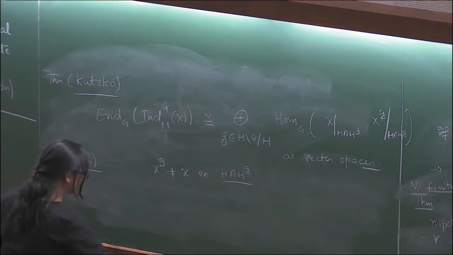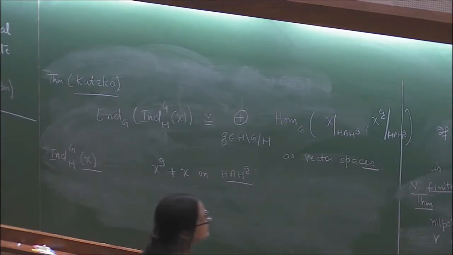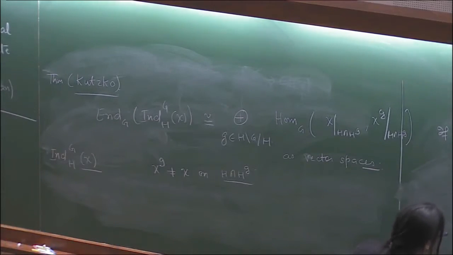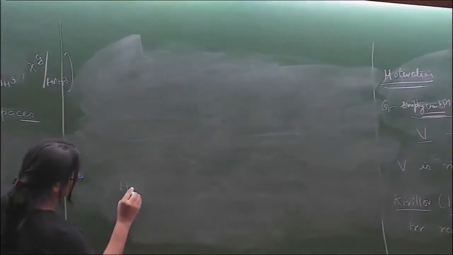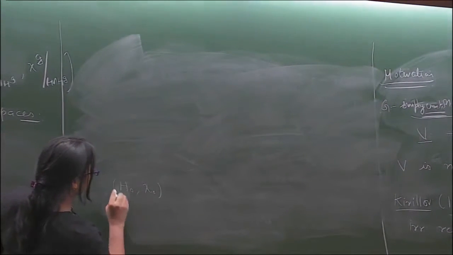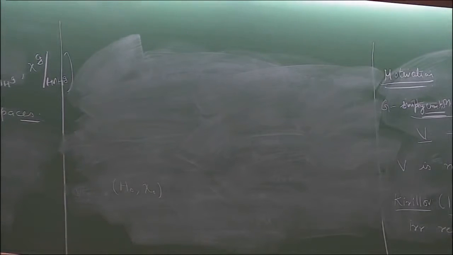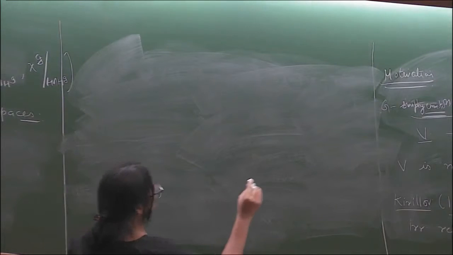And here one uses, so if I'm starting with H naught and chi naught. If H naught, chi naught already satisfy this condition, then okay. Then I'm still not done. Yes.